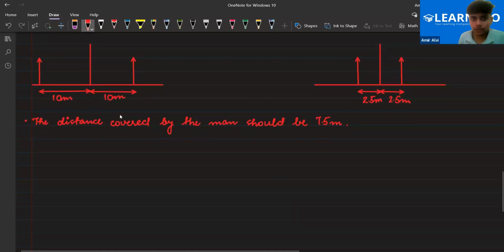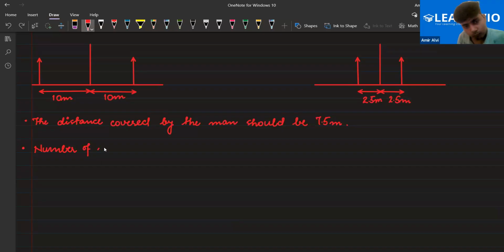That is the number of maximum images formed by two plane mirrors.